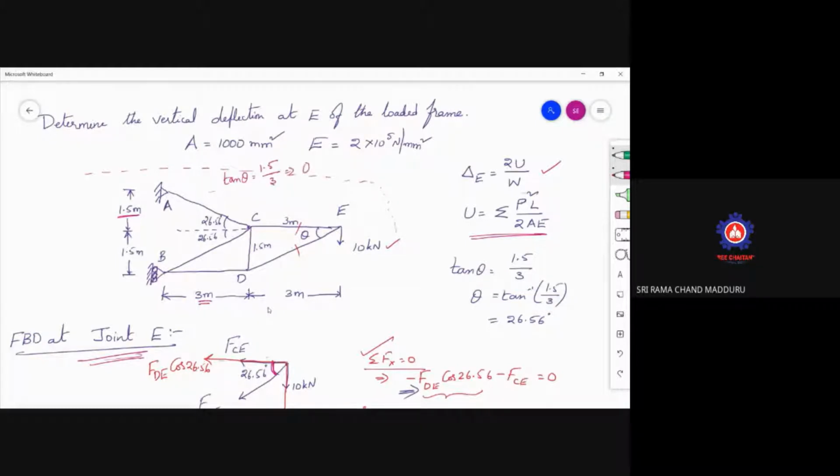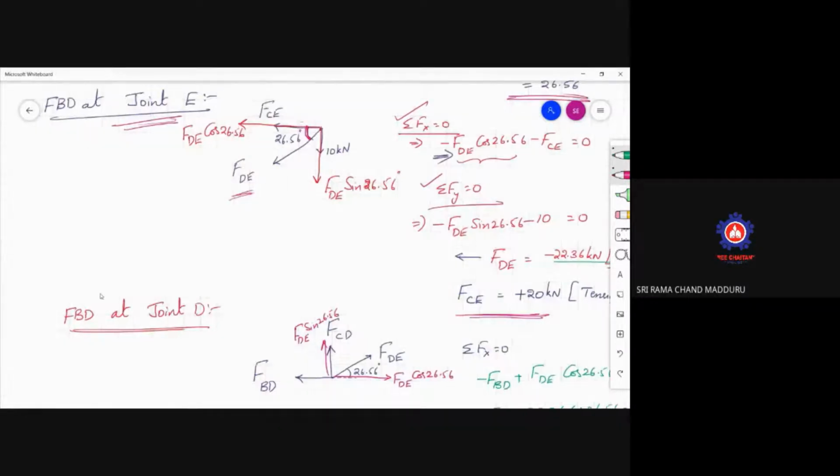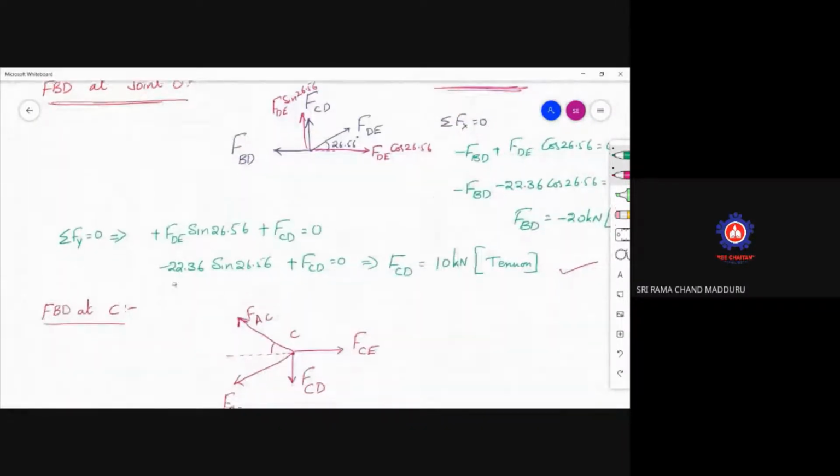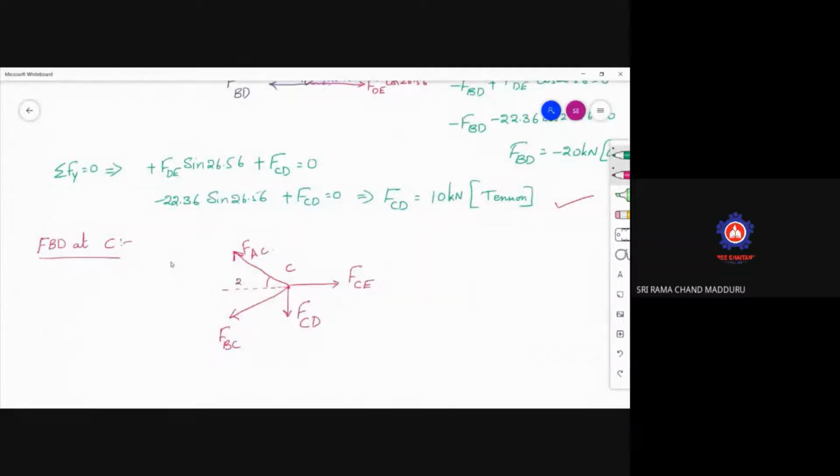That implies theta is nothing but tan inverse of 1.5 by 3, which is 26.56 degrees, which we have already calculated in the last class step. 26.56 is also the same for the BC member.